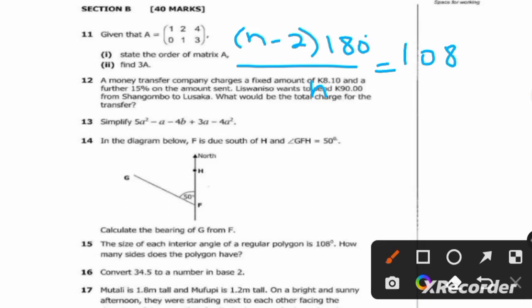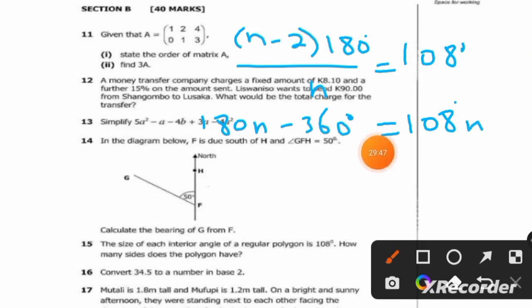Let us work out. Here we are going to say 108 times n, we are going to have 108n. 108 times negative 2, we are going to have negative 360. We are going to collect the like terms.